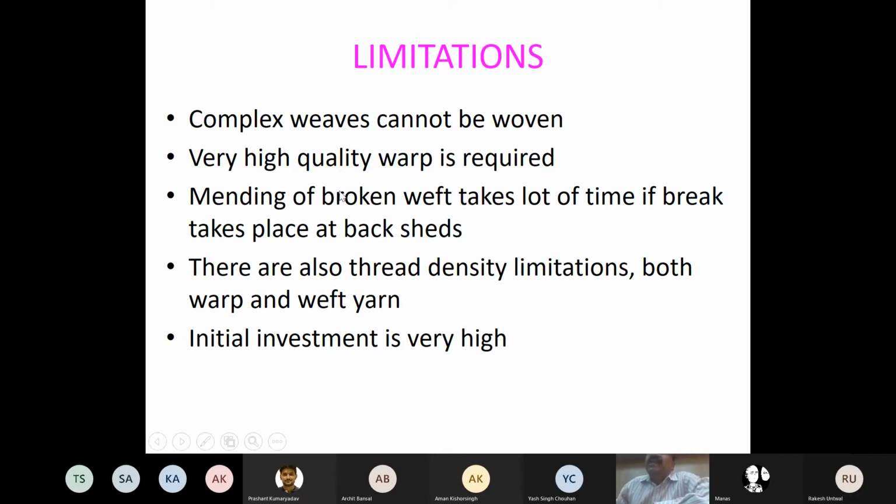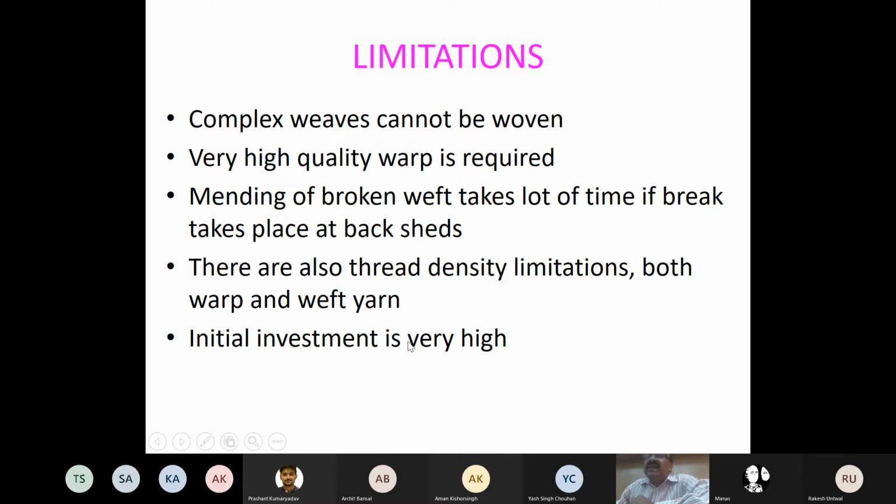Mending of weft, I have already told you. If the break takes place at the last set, then obviously you have to go back to the first. That means remove all subsequent threads and restart the machine. There are also thread density limitations. This point I have already told you. That's why this technology is used for grid structure.